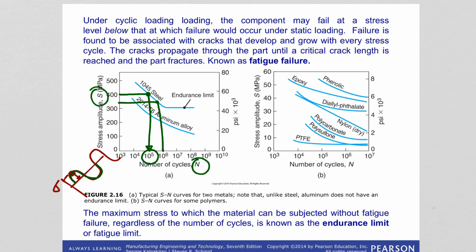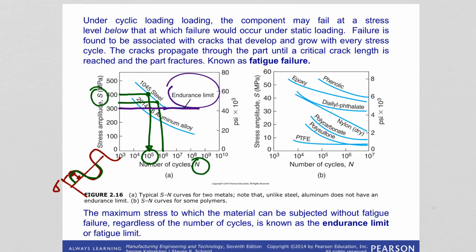But at certain point, let's say for steel, when the stress applied is 300, there will be no more failure with fatigue. And this stress is called endurance limit. So at 300 and below, the material will not fail with fatigue, and this is the endurance or fatigue limit.